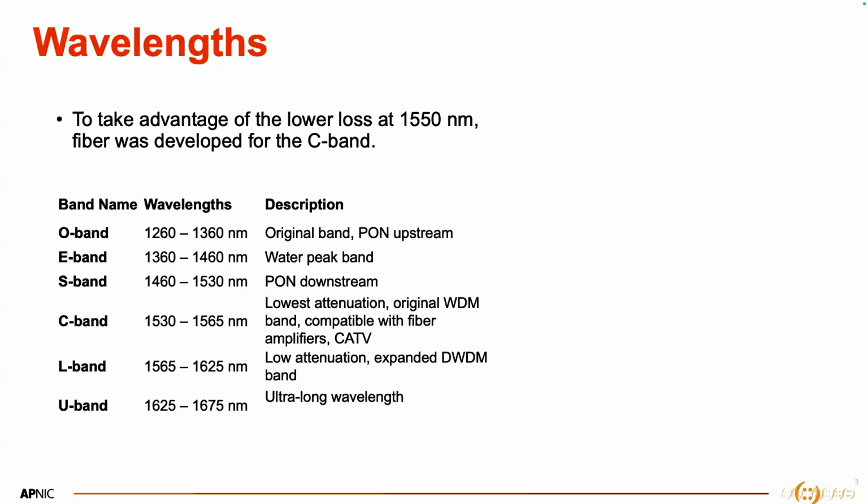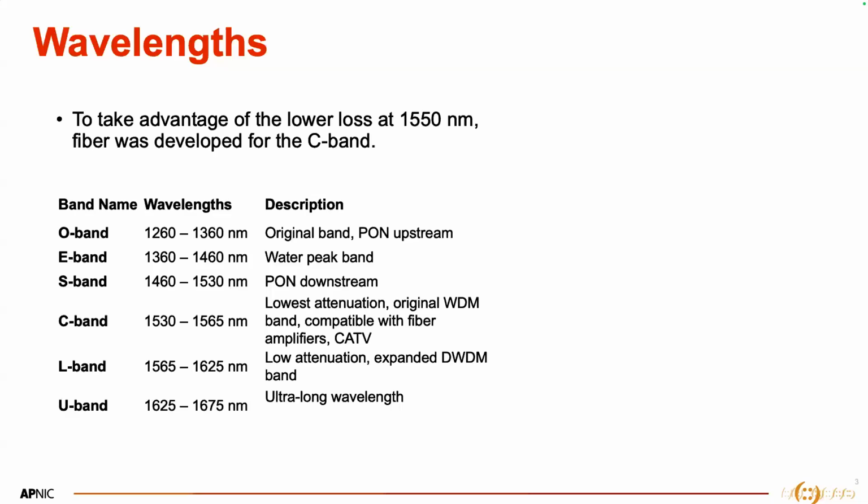These are the two bands with the lowest attenuation in the whole optical domain, especially the C band, and after that the L band. But we won't talk about the L band right now because it is an extended version for DWDM communication. We will cover it in later slides. For now, we want to focus on the C band, which is between 1530 and 1565 nanometers.